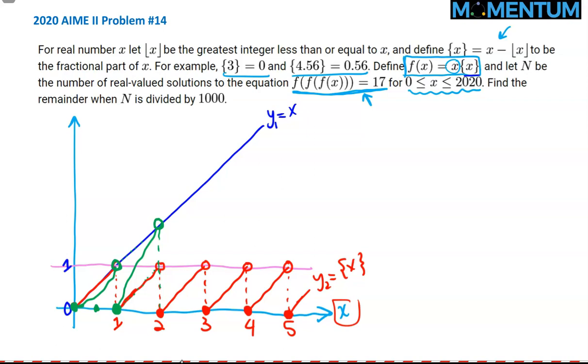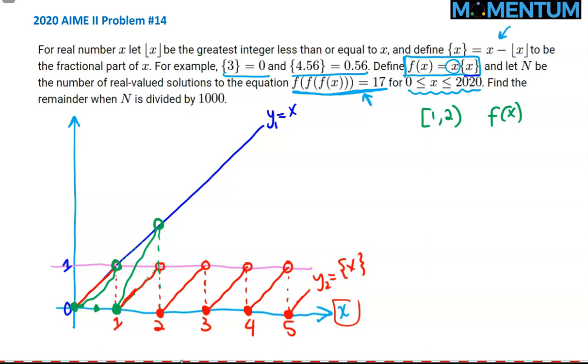You can use some analytical techniques if you want to, but I think it's clear that within the interval 1, 2, 1 included and 2 excluded, the function f of x is clearly continuous. And the first component is increasing, the second component is increasing. It has to be an increasing function, right?